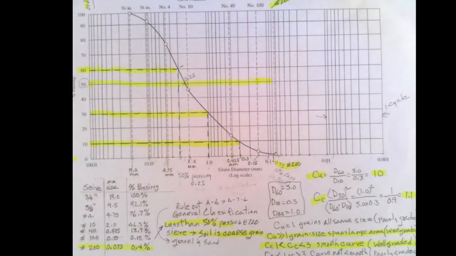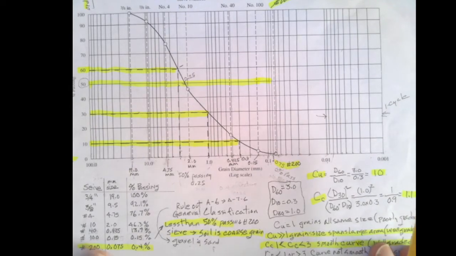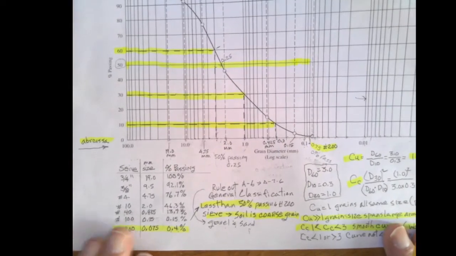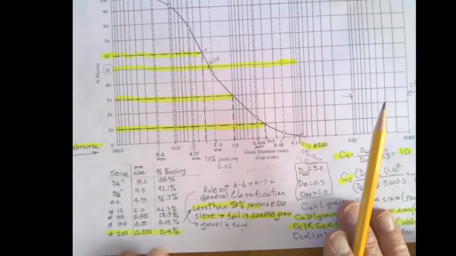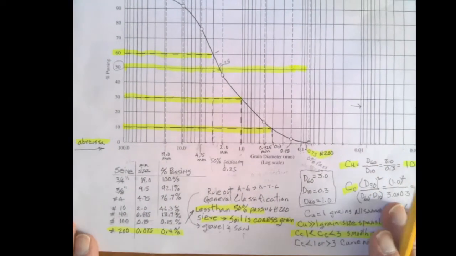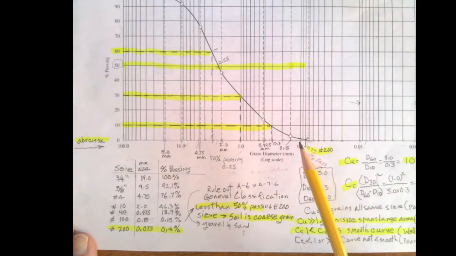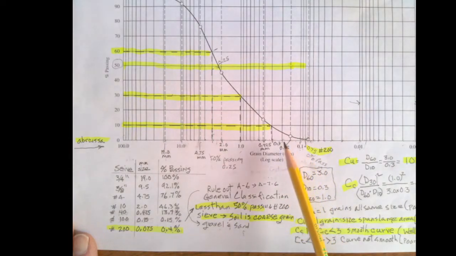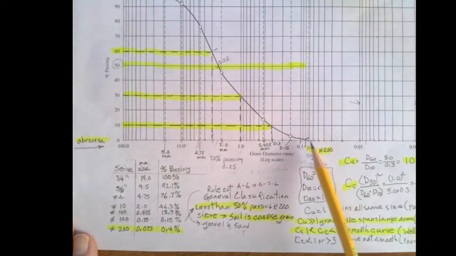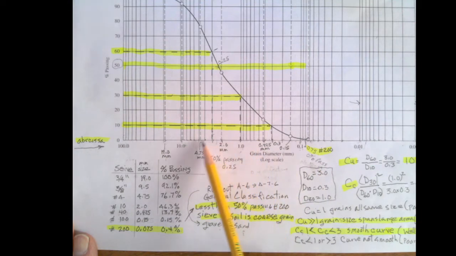Moving on back to where we are, we know we got a gravel and our sand, but we have a coarse grain material. So look back over here. Let's go back to our number 200 sieve and see where that dot is. Move all the way over.